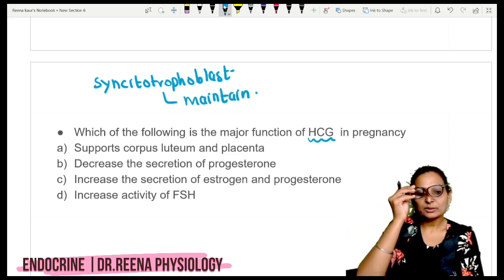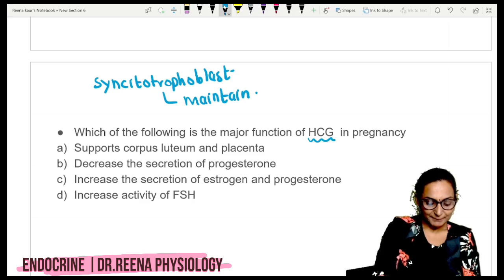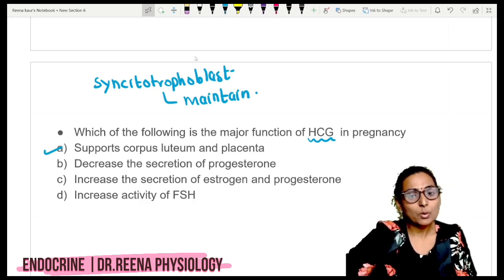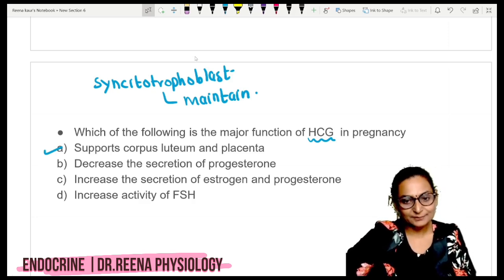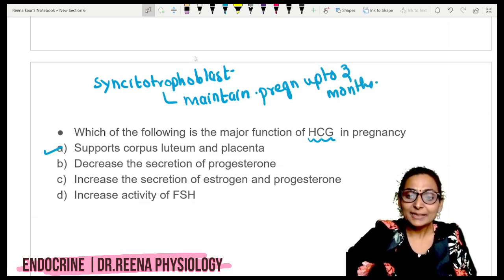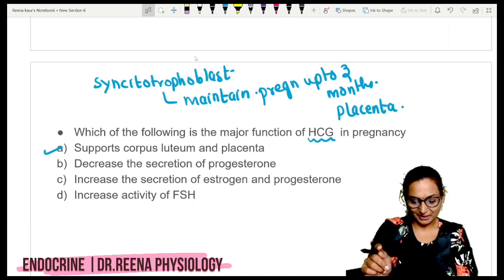Maintain, support corpus luteum and placenta. It is itself a hormone. It maintains pregnancy up to 3 months, till the placenta is fully developed.